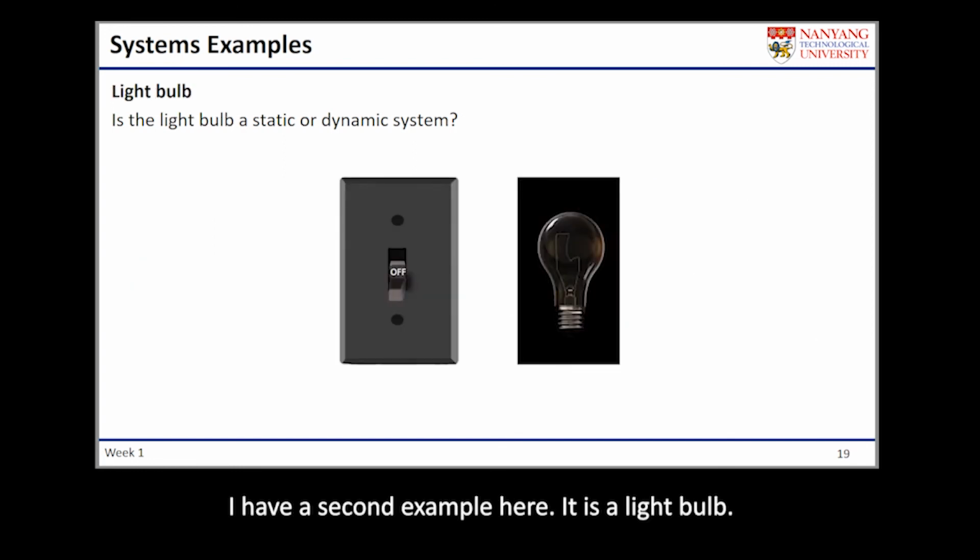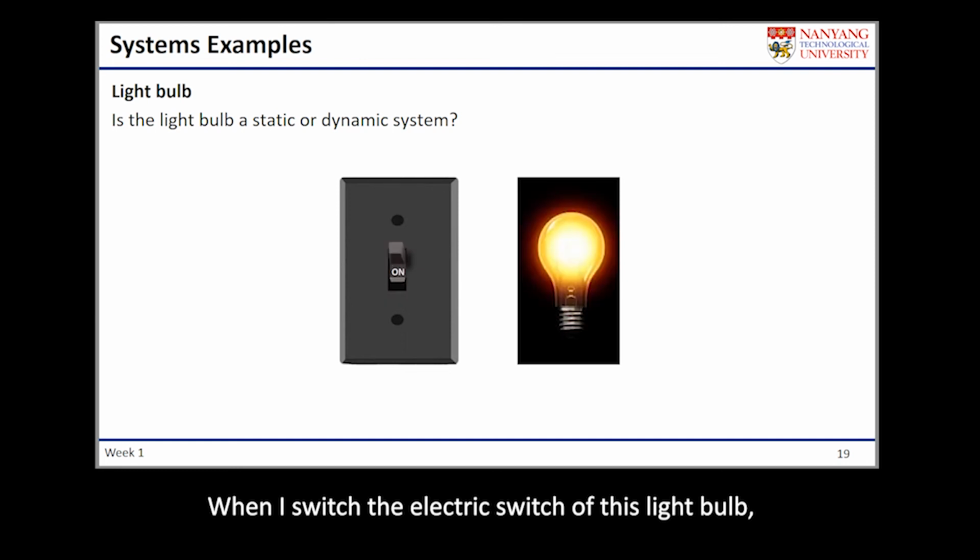I have a second example here. It's a light bulb. How a light bulb works, of course you know. When I switch the electric switch of this light bulb, the bulb will start to light up, right?